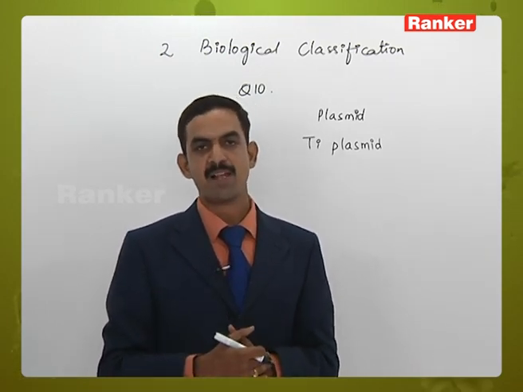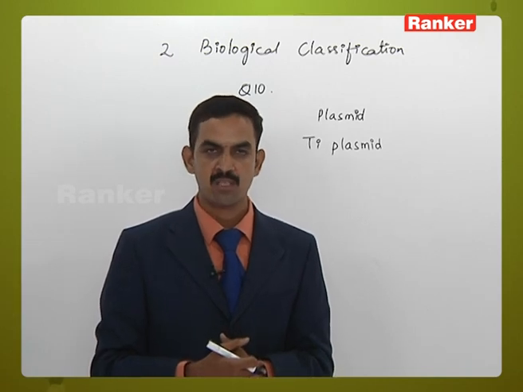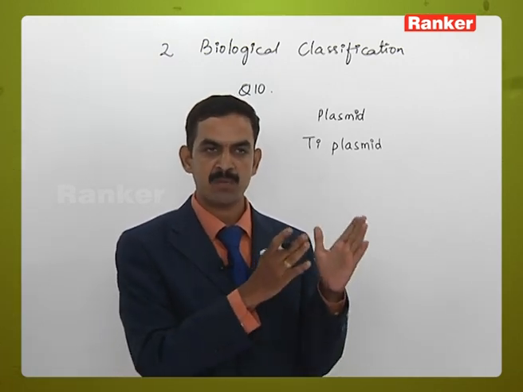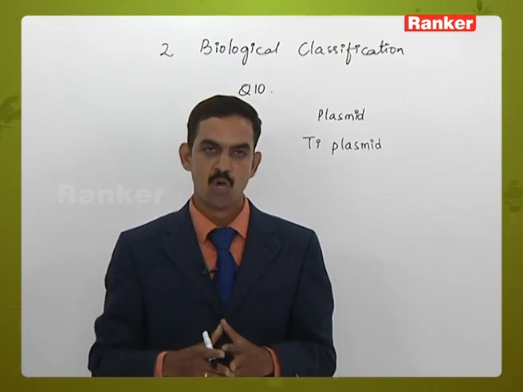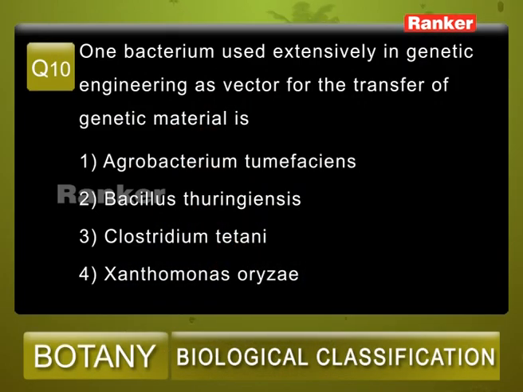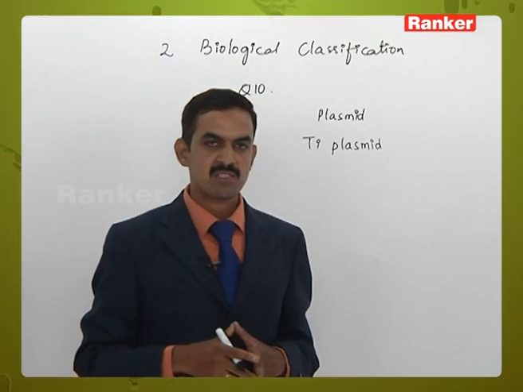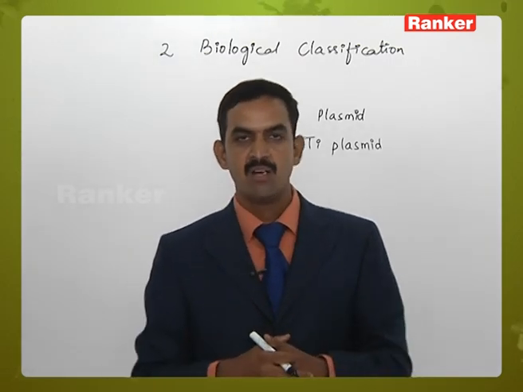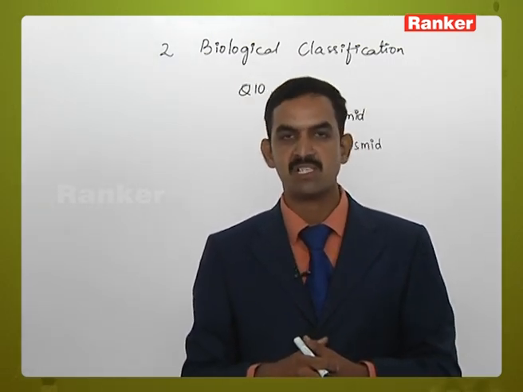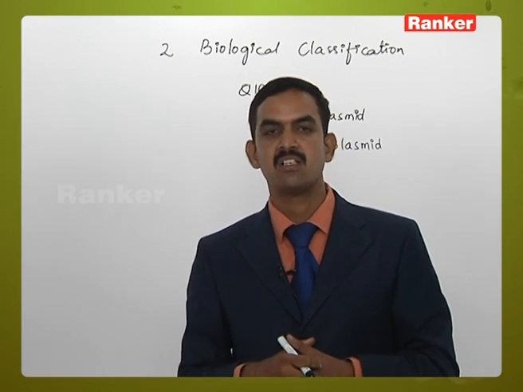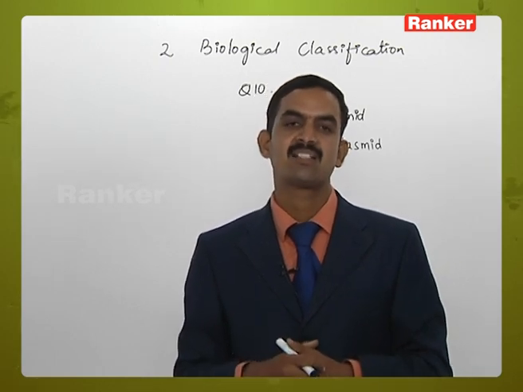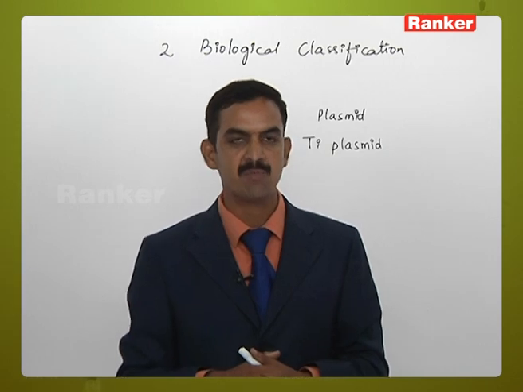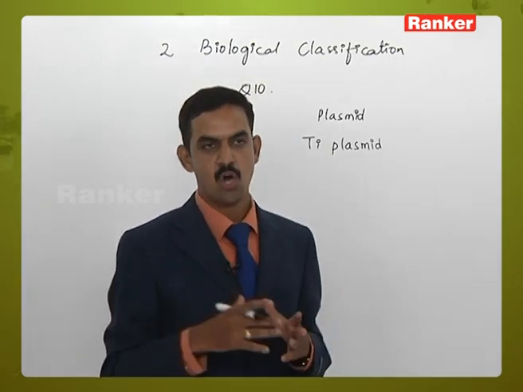That is the reason why plasmids are used as vectors for transferring genetic material from one organism to another. The second one, Bacillus thuringiensis, is a bacterium used as a biopesticide, and it is not concerned with transfer of genetic material from one organism to another.